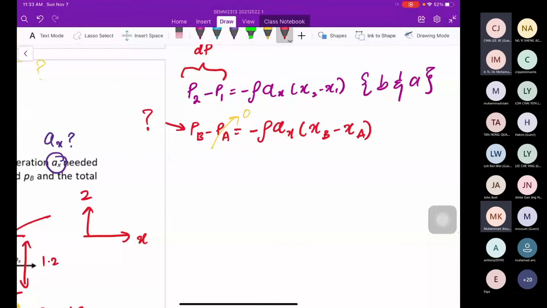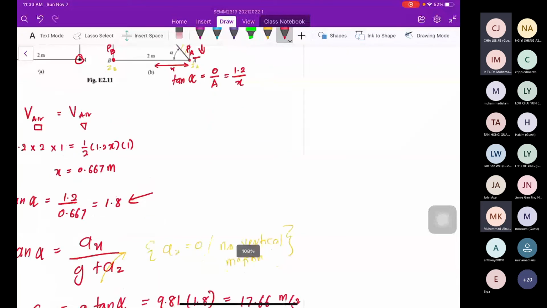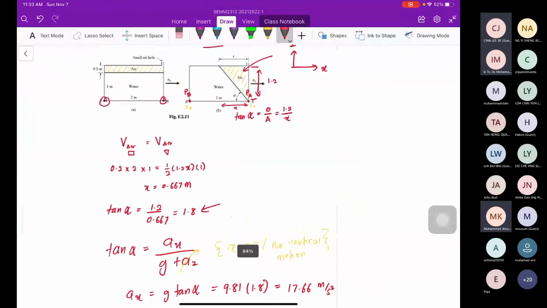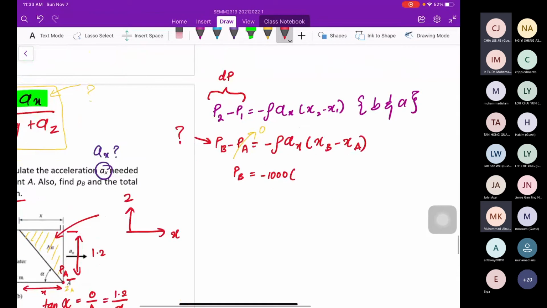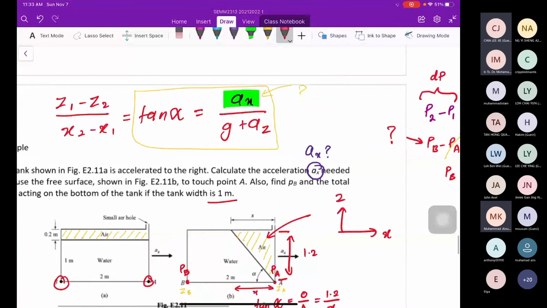So what we have left here is PB equal to negative density of water, which is 1000, multiplied with AX. AX we discovered previously, it is 17.66. XB, how to calculate XB? This is the position. Where is XB?